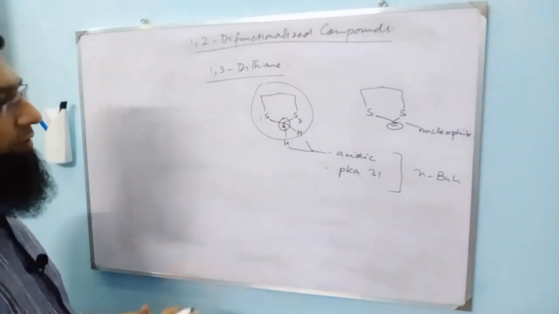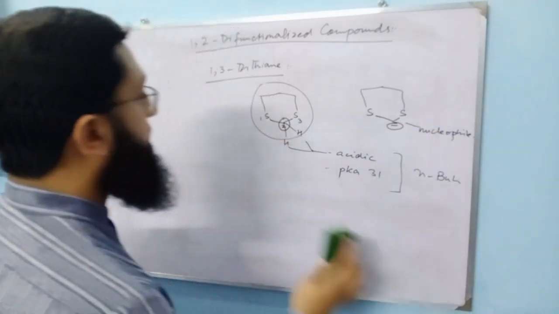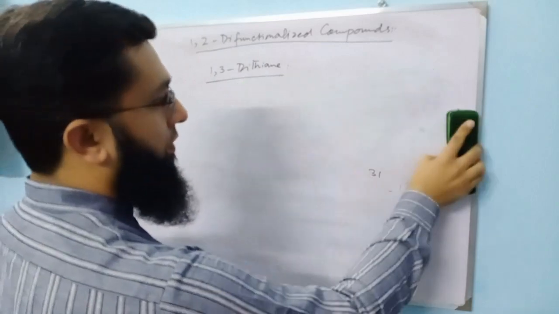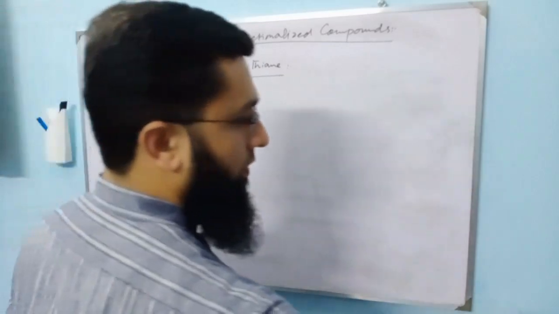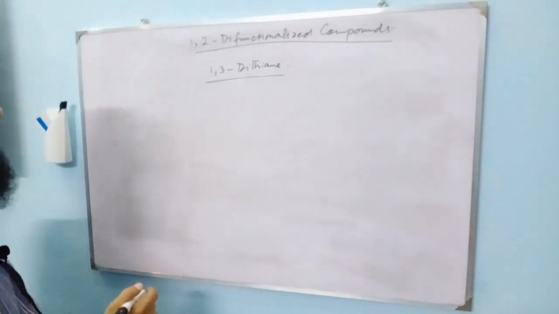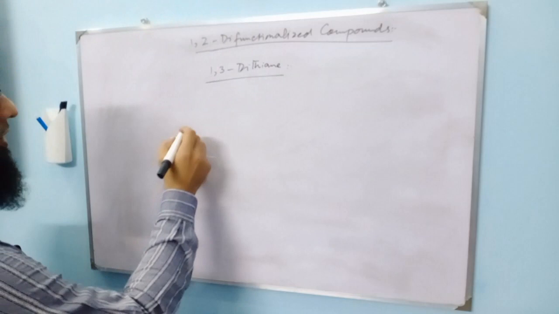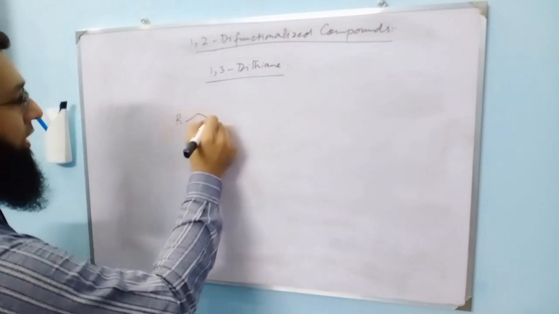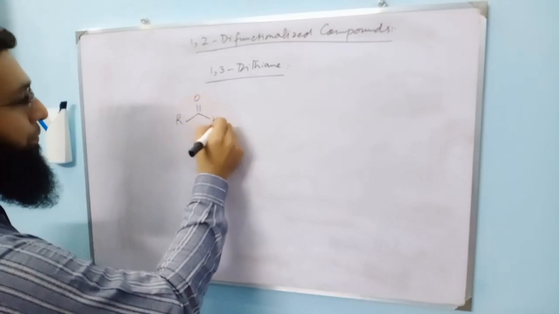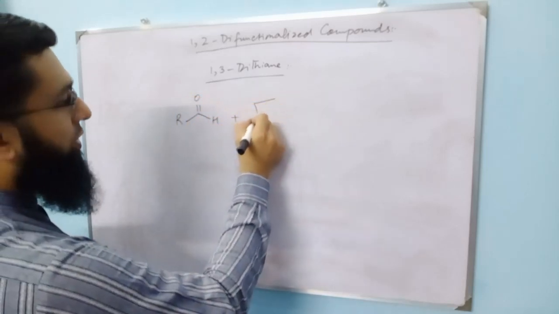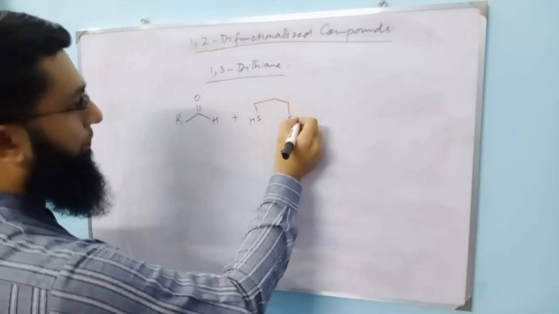So now we discuss how it works. A dithiane is basically a cyclic thioketal or thioacetal. For example, if we have this aldehyde, we react it with 1,3-propane dithiol.